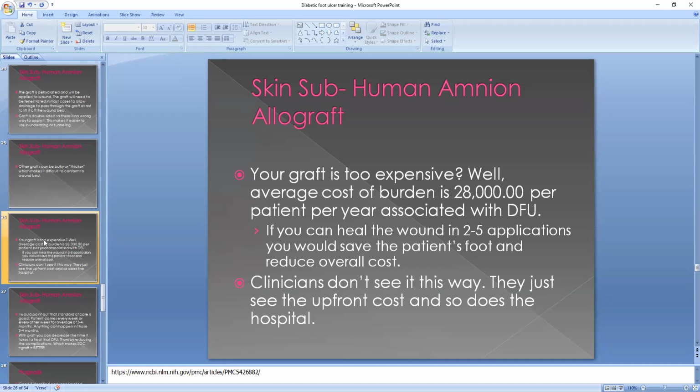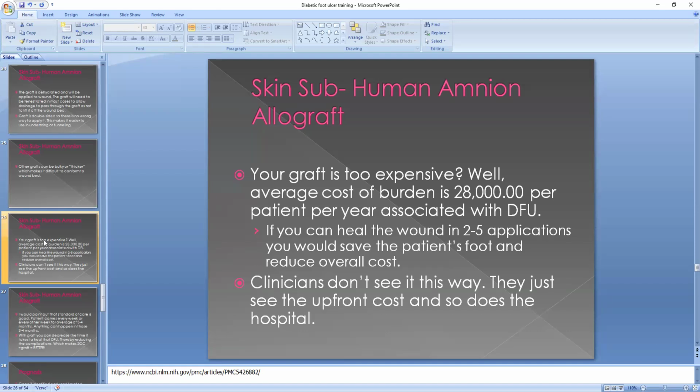And if you could heal the wound in 2 to 5 applications, you could save the patient's foot and reduce their overall cost. People don't tend to think of that. Yeah, it's a lot of money up front, but think of all the money and time you've saved in the collective sense. You might be able to heal it for half the amount. It might cost $10,000 to do your 2 to 5 applications, and they're done.